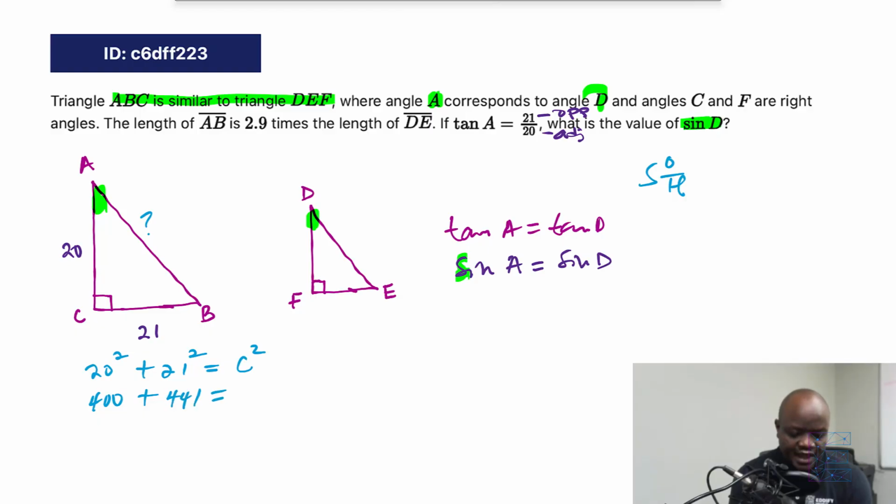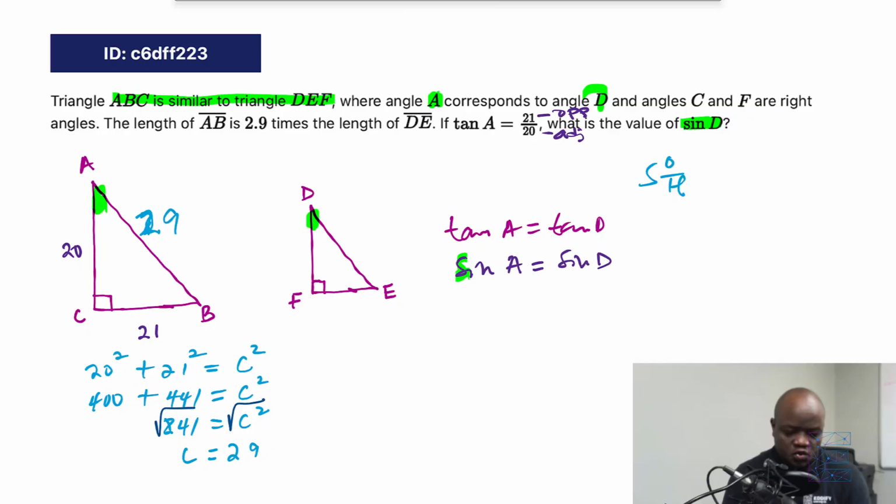When you add these together, you get 841 equals c squared. Now you need to take the square root of 841, and you find that c equals 29.